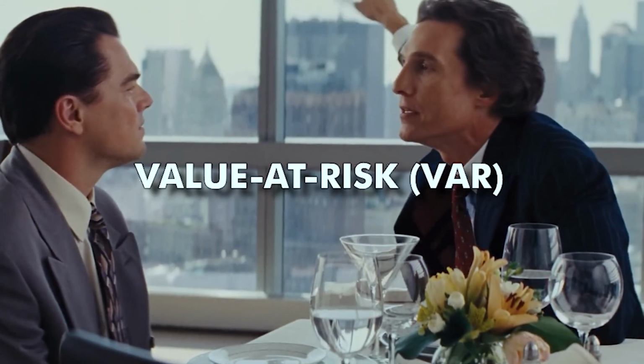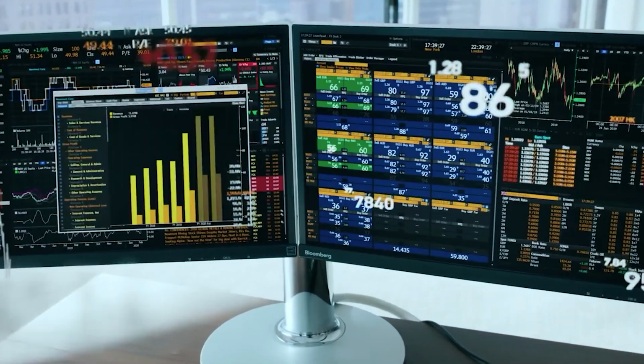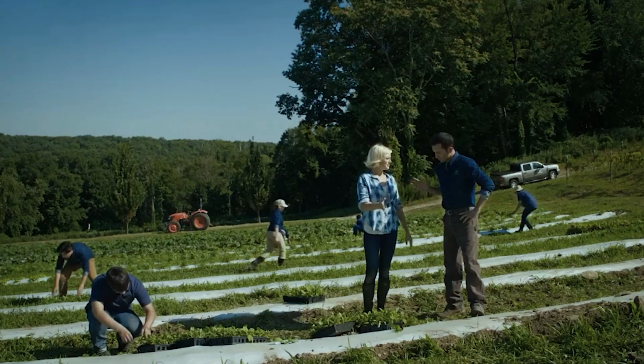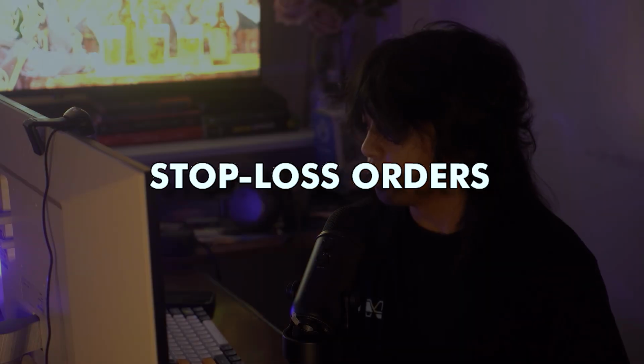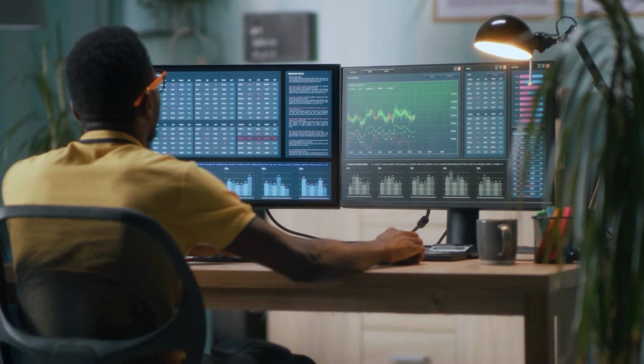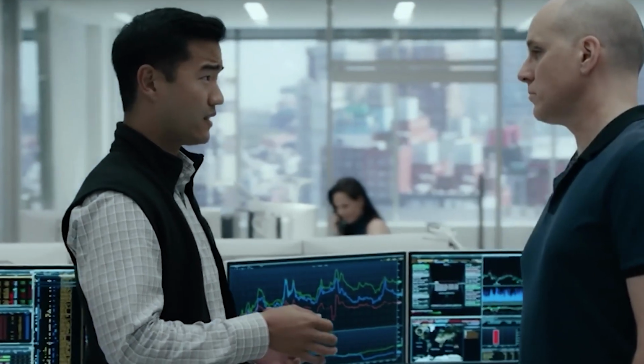Value at Risk, or VaR. This is a statistical method used to estimate the potential loss in a portfolio over a specific time frame, given normal market conditions. It helps managers assess the maximum loss that could occur at a given confidence level, like 95%. And the final thing is the stop-loss order. It is the action of setting automatic sell orders for assets when they reach a certain price to limit potential loss.